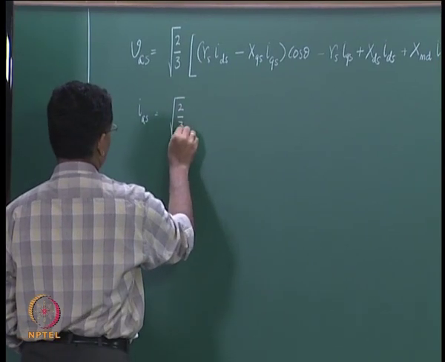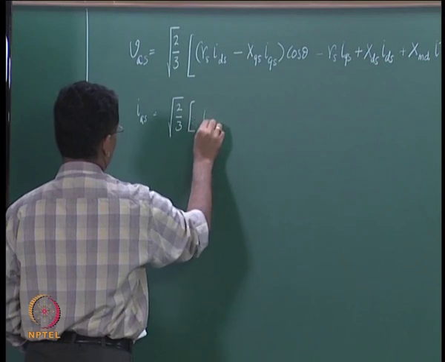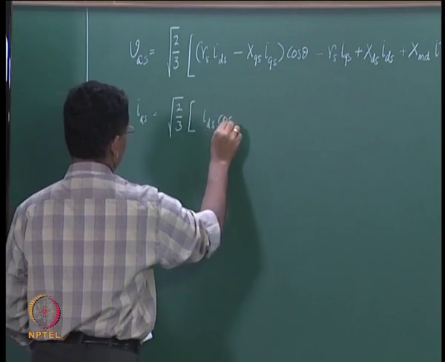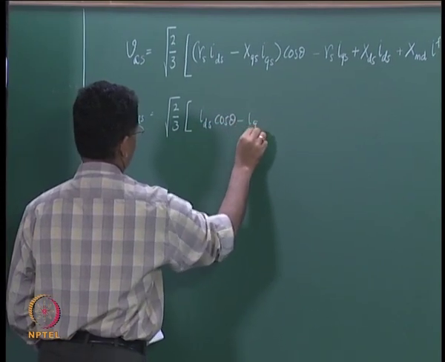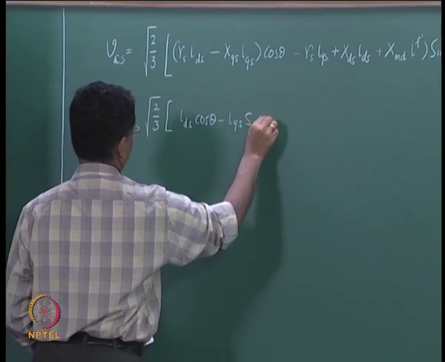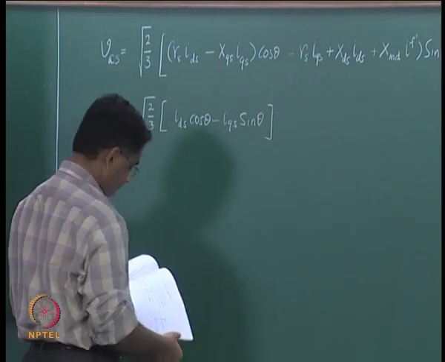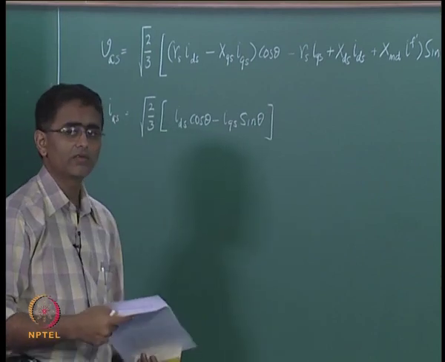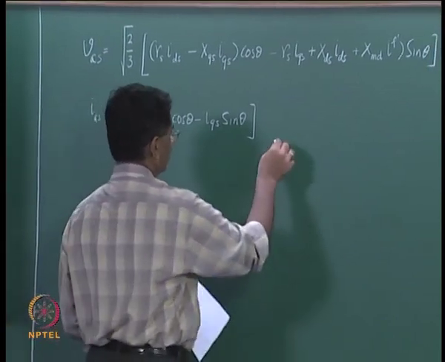The second equation that we had was IAS is root of 2 by 3 times [IDS cos theta minus IQS sin theta], and then we have the expression for the generated torque.